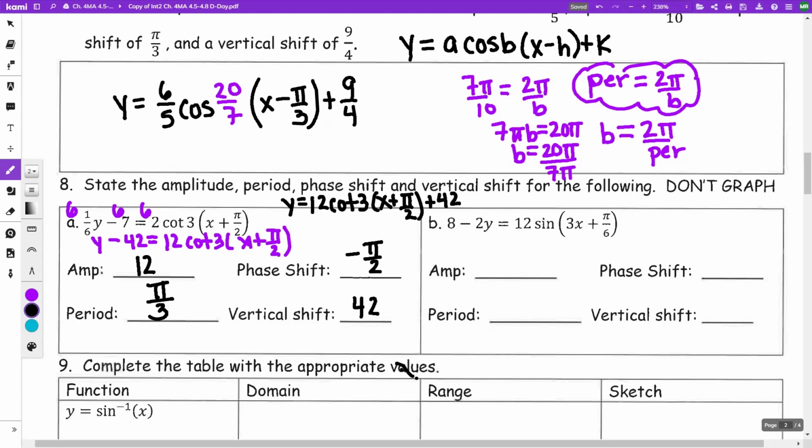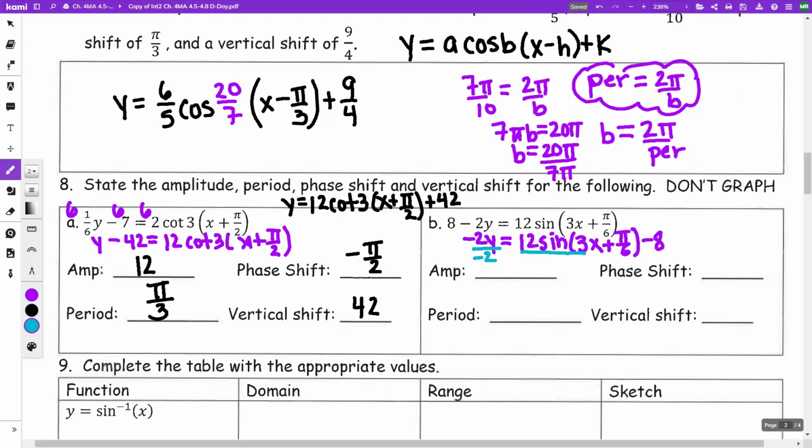For my next one, again, I'm going to rewrite it. So first thing I'm going to do is take the 8 to the other side. So I'm going to have 12 sine of 3x plus pi over 6, minus 8. The next thing I'm going to do is divide everything by a -2.